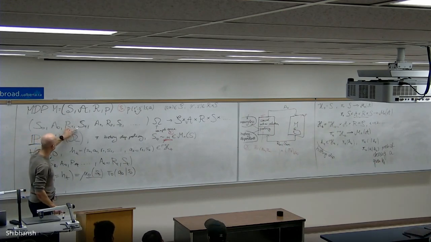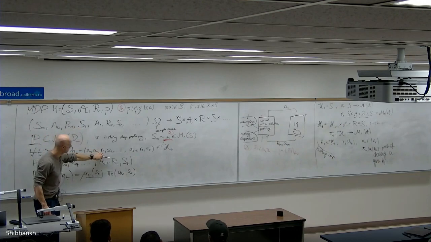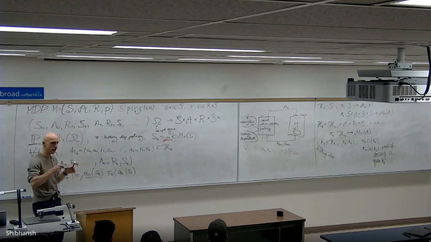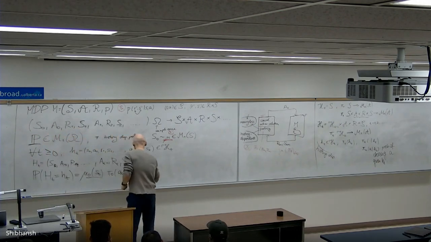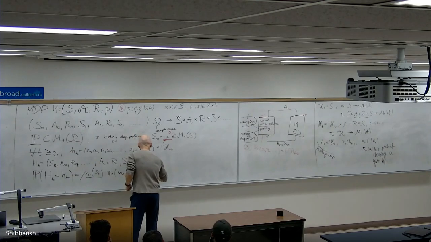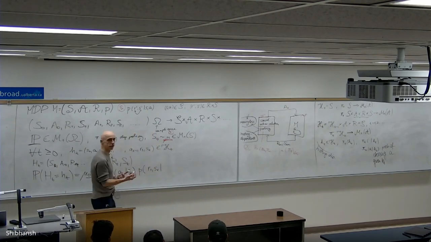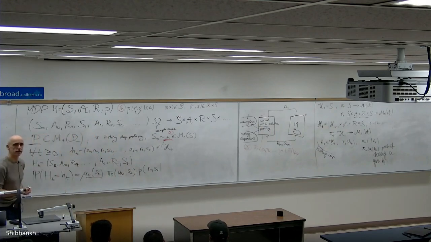Okay, so what corresponds to this capital R1 and S1 is the little r1, little s1 that's matched. So P of r1, s1, given what? What should I write there?